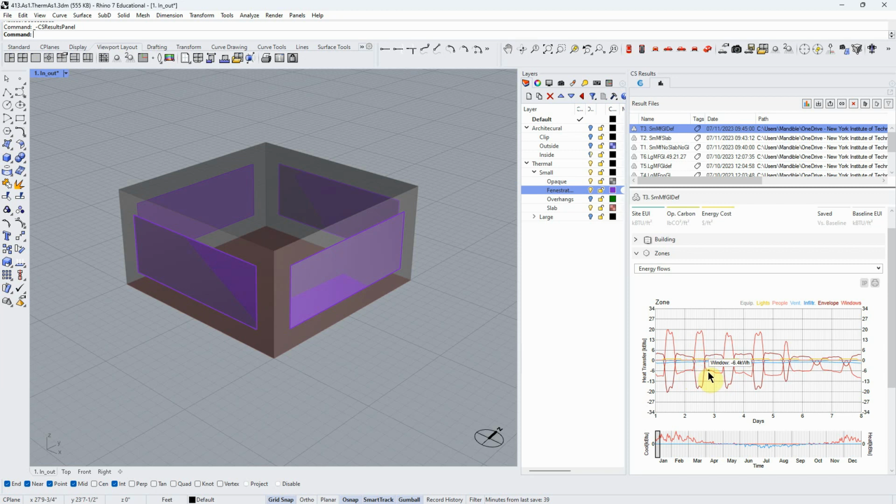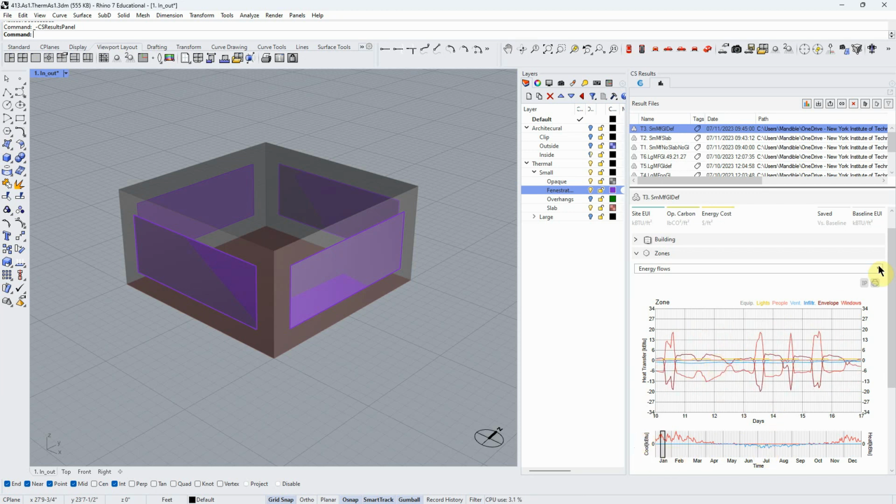But this is stretched out over a longer period, so I bet that's the same amount. We could analyze this more closely. But then if we go into the summer, we see that we're getting huge gains, and we don't want them because we're trying to cool, and then very little losses at night. So it's a big bust in terms of heat balance for windows in this configuration.